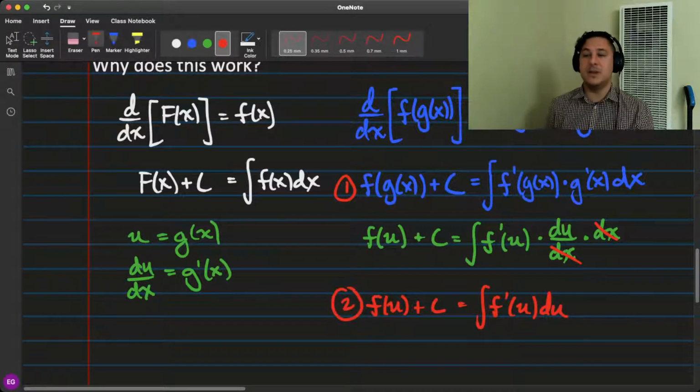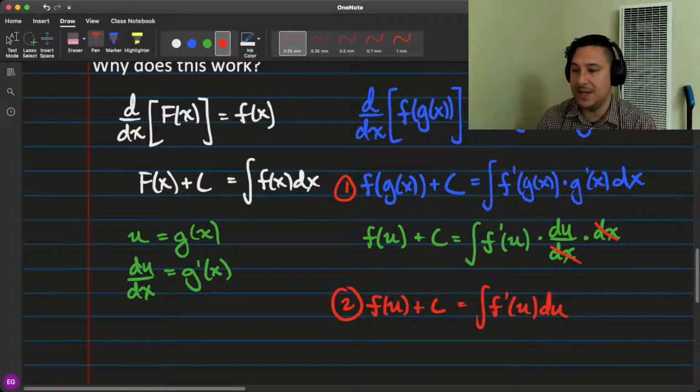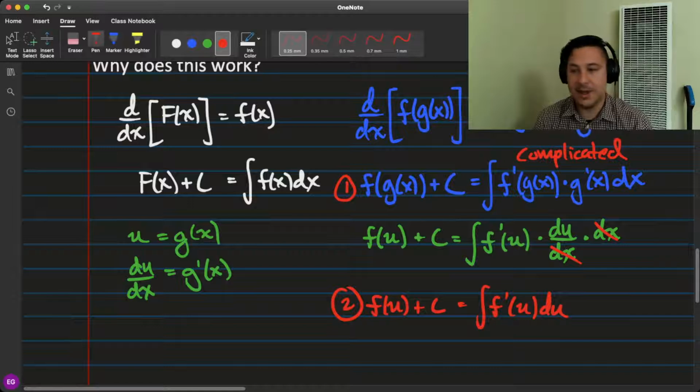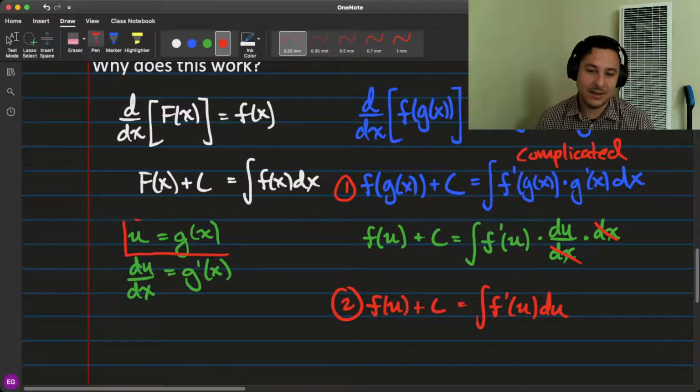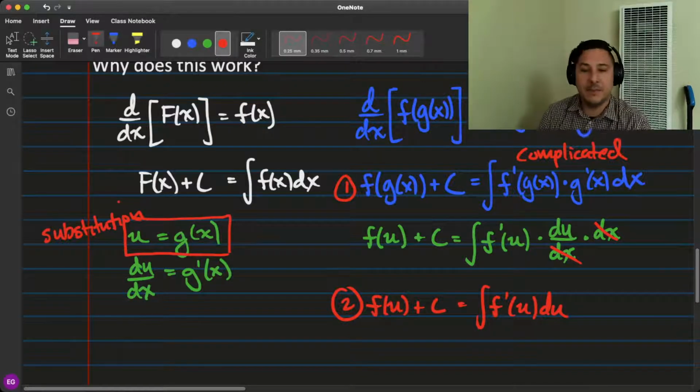Okay, so this is the two ways you can think about u substitution. You're starting off with some really complicated thing up here. This looks complicated. You're like, I never want to look at this. And you're like, hey, I know what I'll do. I'll make a substitution. I'm going to take all of this stuff, which is g of x, whatever that happens to be, and I'm going to replace it with u.